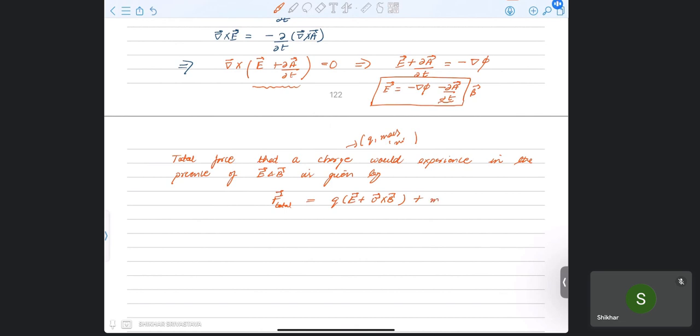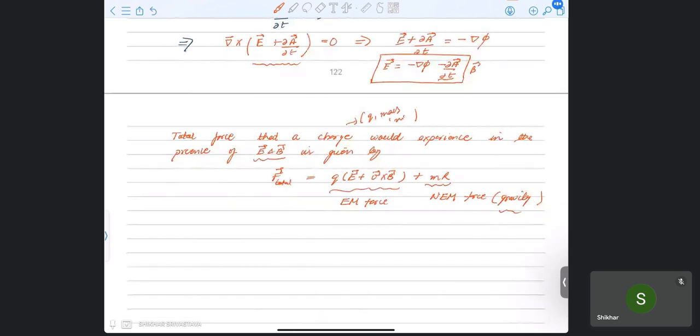So m times g. This is your electromagnetic force, and this is your non-electromagnetic force, such as gravitational force. So in general, if you study the total force acting on a particle, not only does the electromagnetic force exist in the presence of an electromagnetic field, but some gravitational force also exists if the particle has a considerable mass. So remember this.